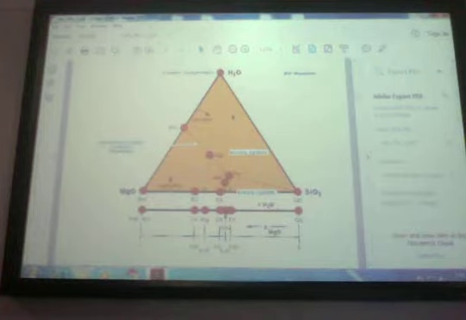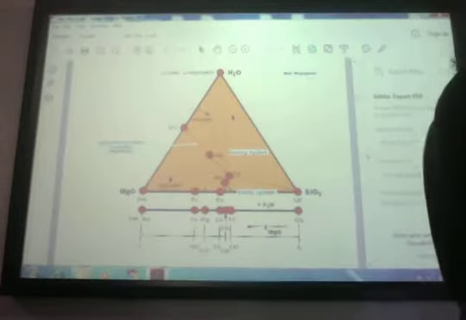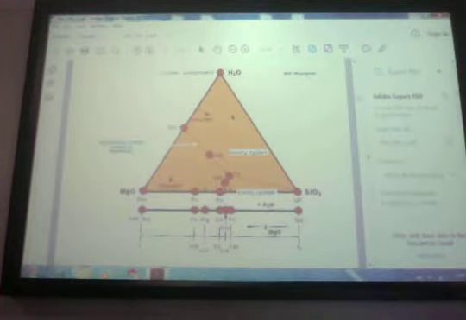But now we would like to form a talc. That is not only for minerals, that is for every chemical reaction. You can use such triangles, but it is actually developed by metamorphic petrologists.